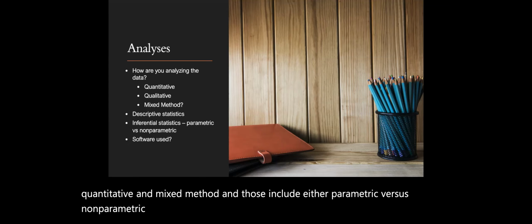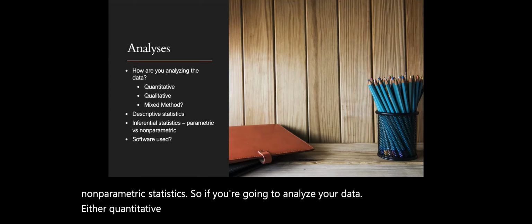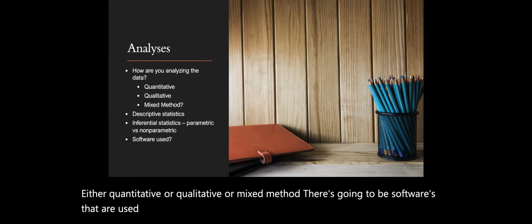So if you're going to analyze your data, either quantitative or qualitative or mixed method, there's going to be softwares that are used. So quantitative, the popular ones are SPSS, SAS, Stata, R, the list goes on.